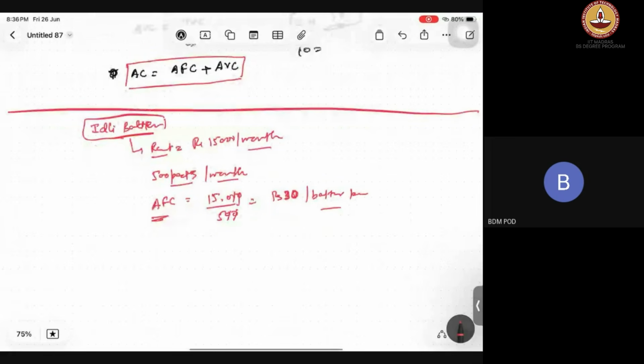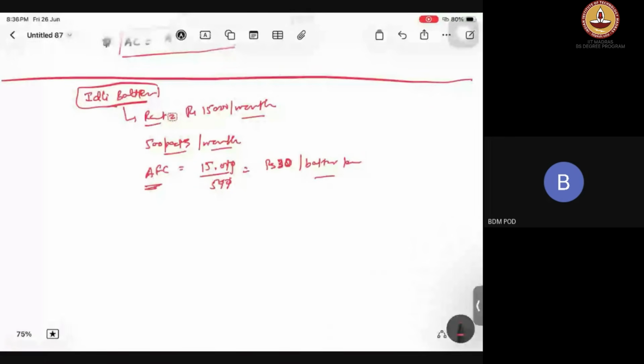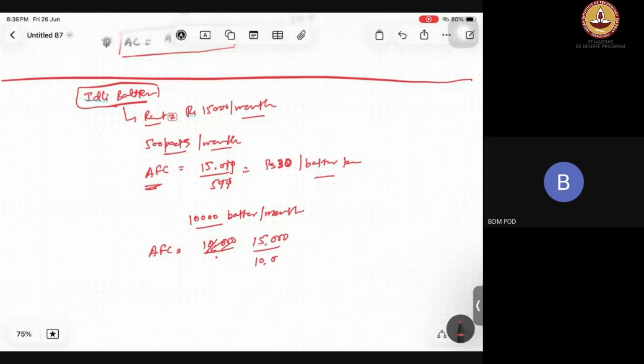But suppose you are producing 10,000 batter packets per month. Then your average fixed cost comes out to be 15,000 divided by 10,000. So how much is it coming to? Rupees 1.5.